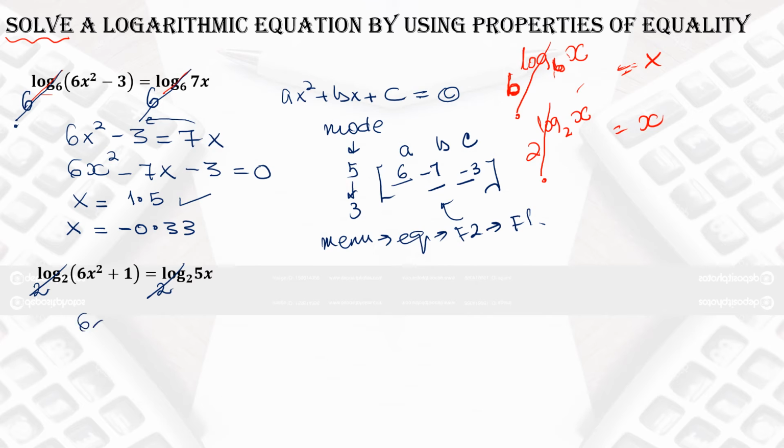Now you will be left with 6x squared plus 1 equals 5x. Now bring the 5x on the other side in order to set the equation equal to 0. Now positive 5x comes on the other side, it becomes negative 5x. Now write or do it yourself by using the quadratic formula.